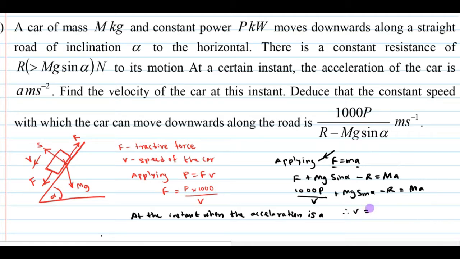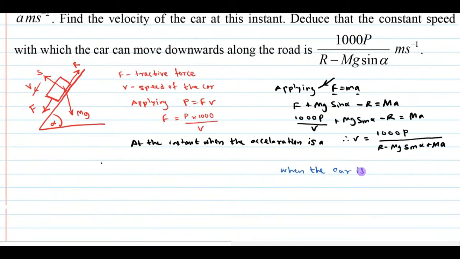Therefore, V is equal to 1000 P divided by R minus mg sin alpha plus ma.